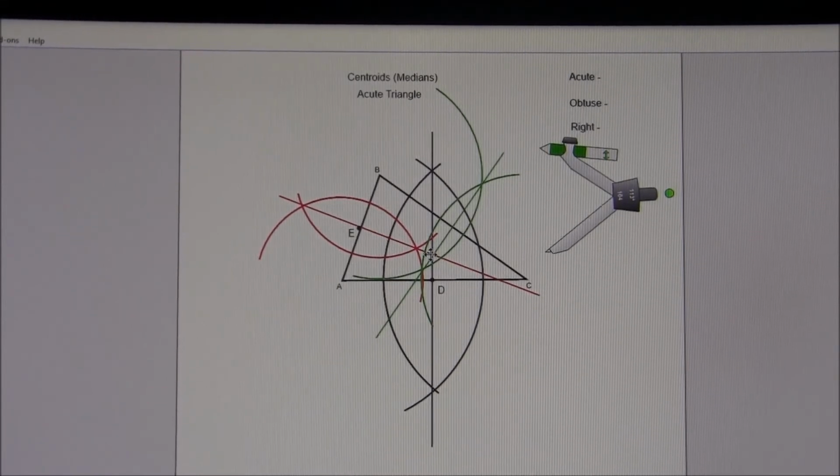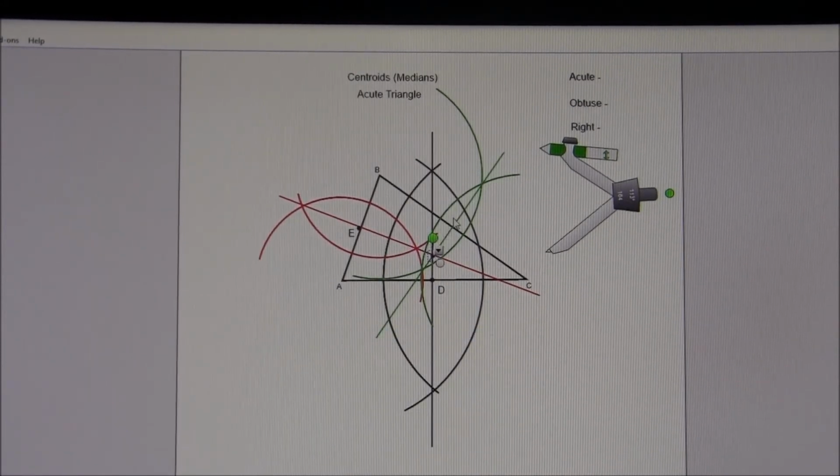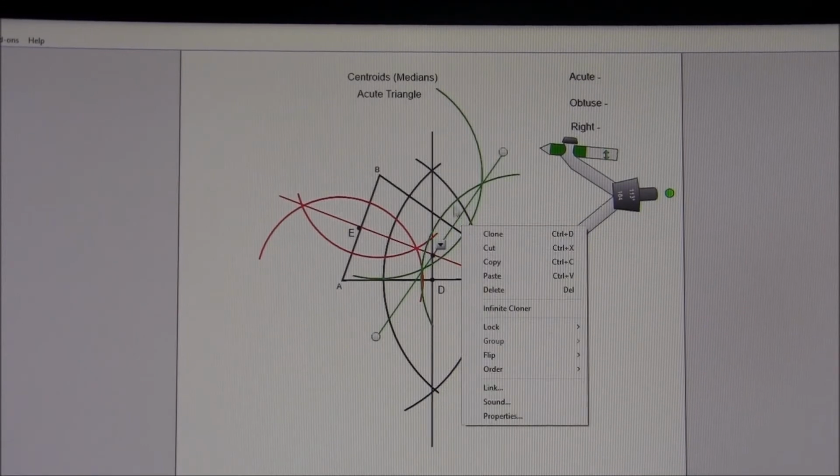But here's what medians are. Hold it. Let me put that point on the inside, and let's do this point again too.